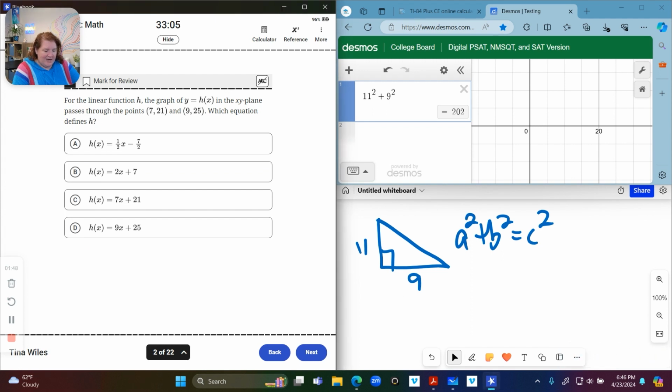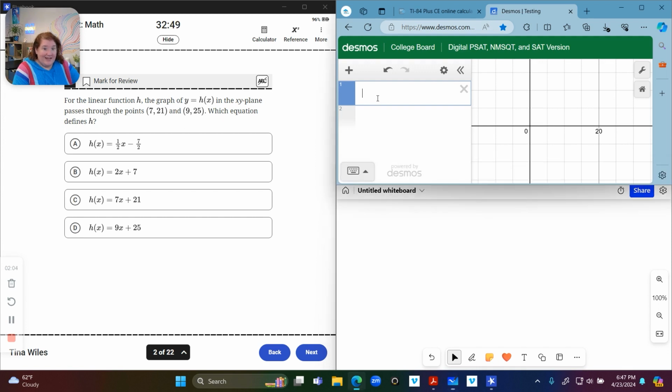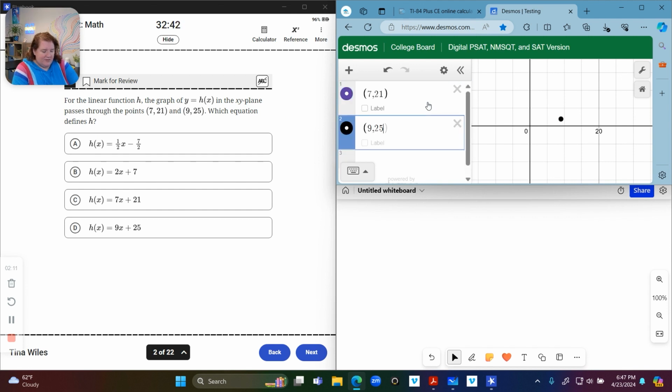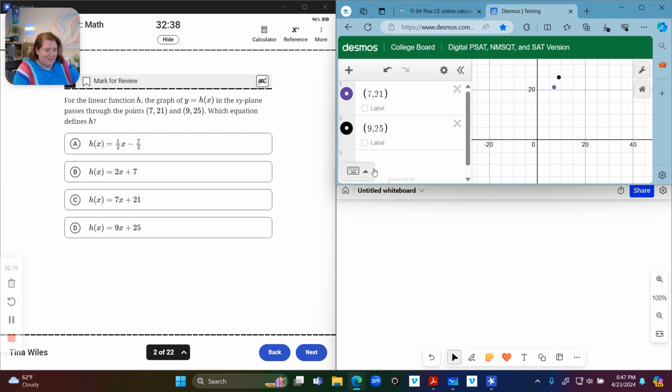On number two, for the linear function h, the graph of y equals h of x in the xy-plane passes through the points (7, 21) and (9, 25). I can solve this on Desmos by putting in the points. Let me zoom out a little bit so you can see them, and then actually graph the equations.